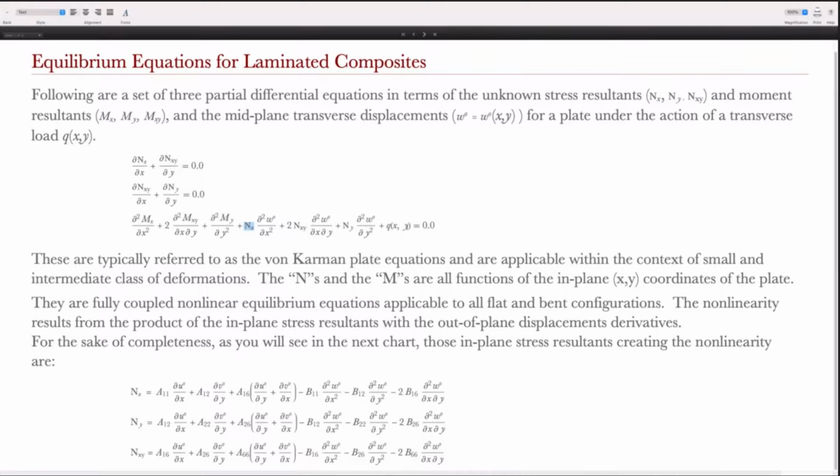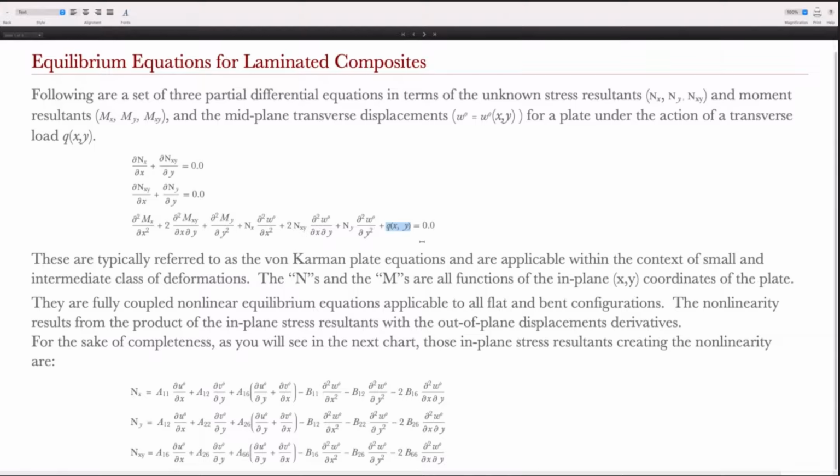This is our starting point. We actually derive these for an out-of-plane loading, a distributed loading of q of x, y. So Nx, My, Nxy, they're all functions of x and y coordinate in general.